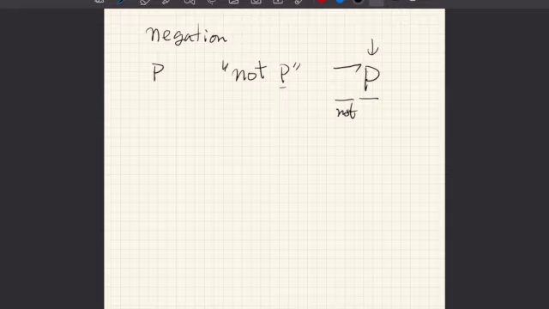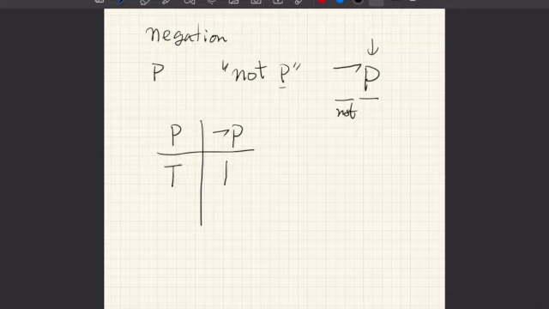And this is defined by the truth table like this, P and not P. If P is true, not P is false. If P is false, not P is true. Easy.